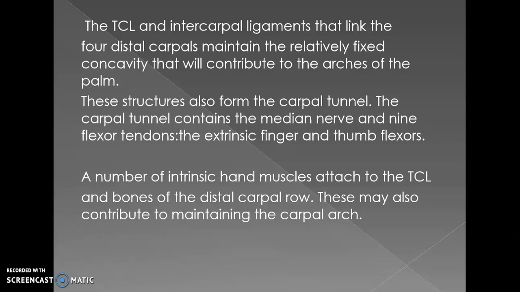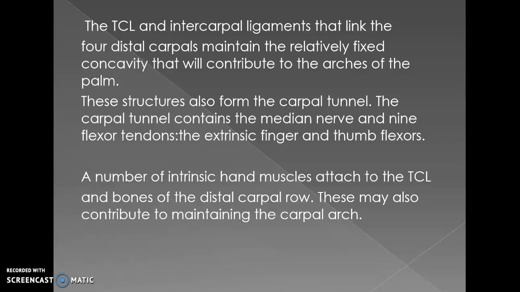So inside the carpal tunnel, what we call the flexor carpal tunnel, which is formed by the flexor retinaculum and also the distal carpal bones, we have the median nerve and 9 flexor tendons, and the extrinsic finger and thumb flexors. So extrinsic muscles: 9 finger flexor tendons and the extrinsic thumb flexor muscles.